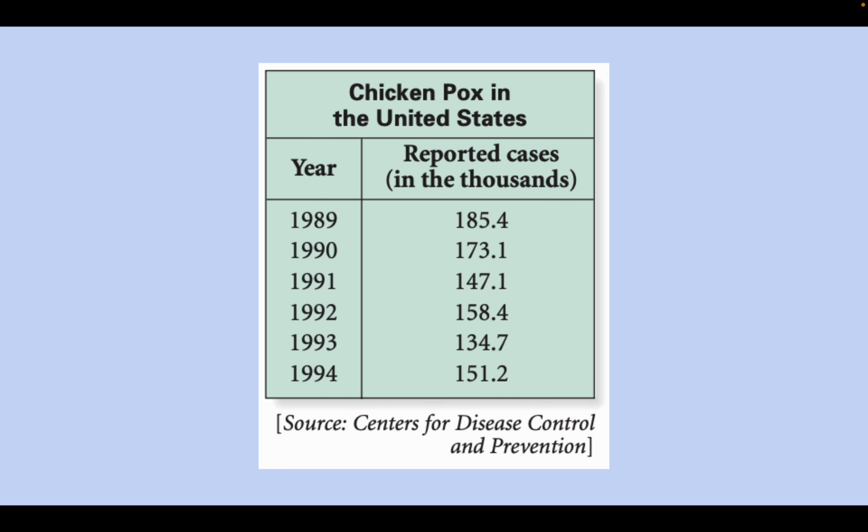The year, as we can see here, is 1989, reported cases 185.4, and then year 1990, 173.1, 1991, 147.1, 1992, 158.4, 1993, 134.7, 1994, 151.2. First, what we're going to do with this is try creating a scatter plot.